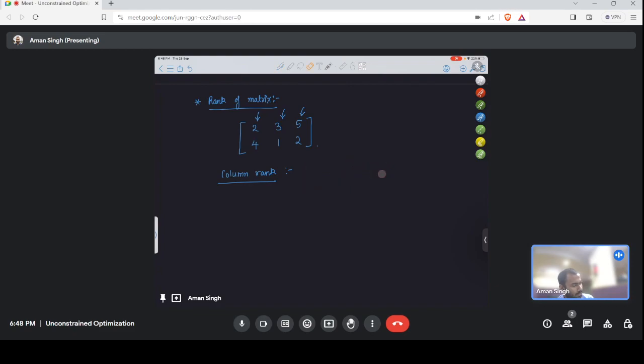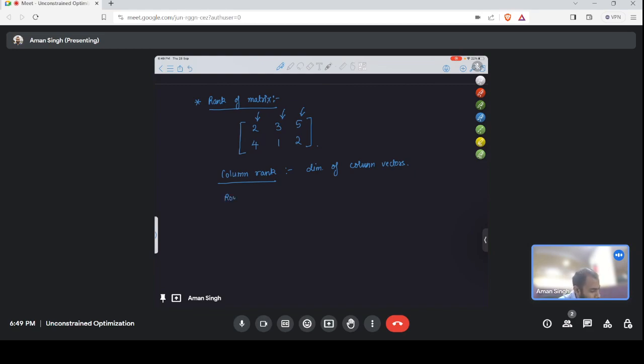Let me first write the definition. The dimension of the column vectors: the column vectors span some subspace or space, and the dimension of that subspace is the column rank.